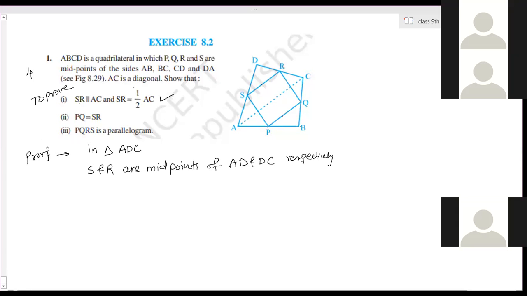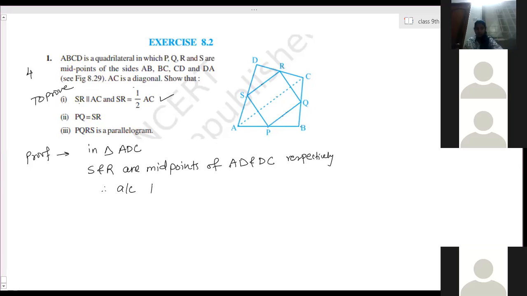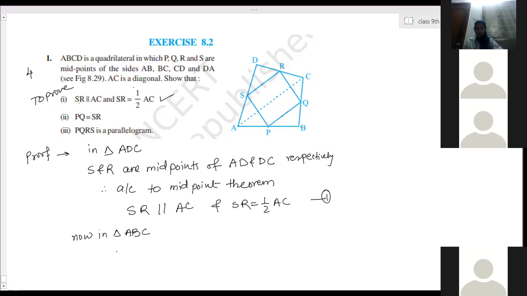So therefore, according to the midpoint theorem, SR is parallel to AC and SR is equal to half of AC. Make this equation 1 and this is the first proof. Now in triangle ABC, P and Q are midpoints of AB and BC.